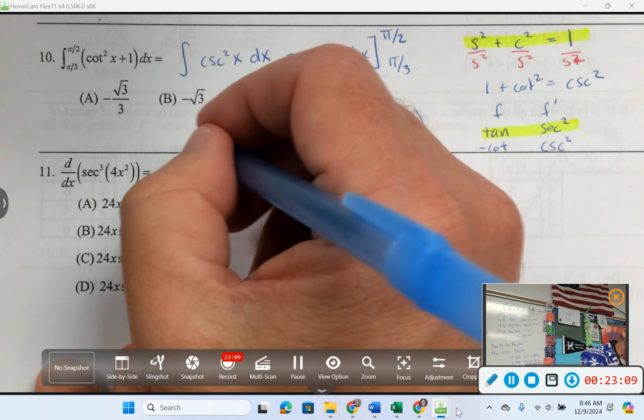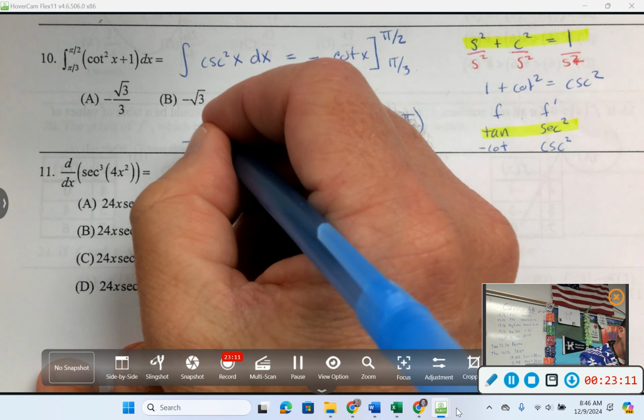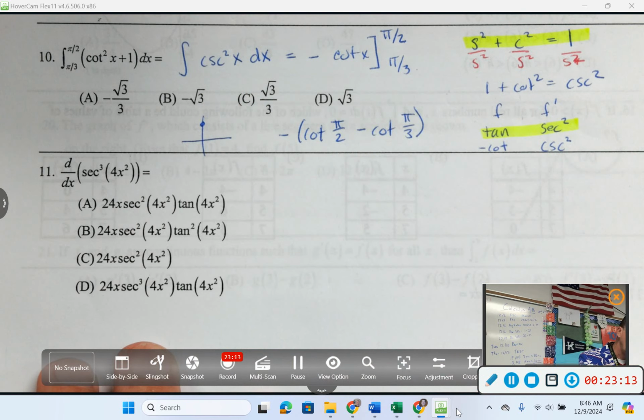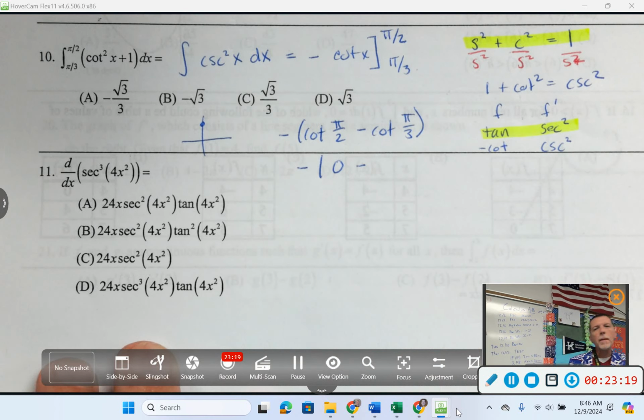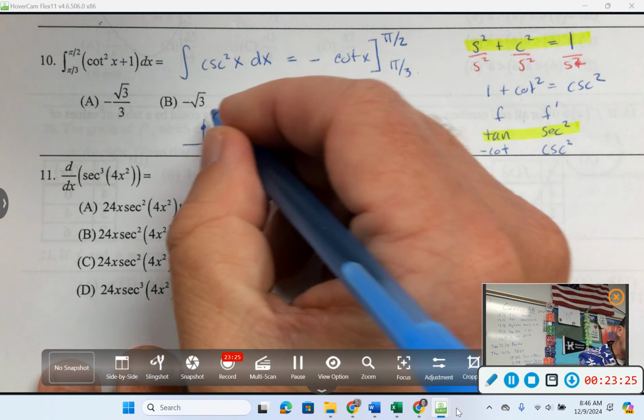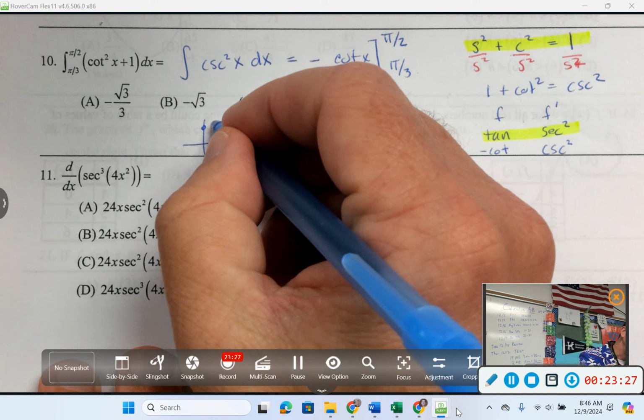Cotangent, goodness. Pi over 2 is there. Cotangent is x over y. So that's 0. Yeah, x over y. Pi over 3.